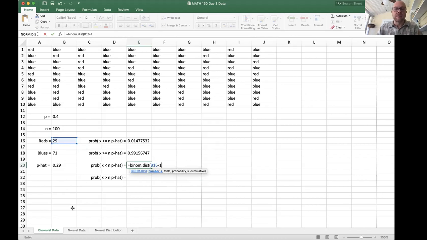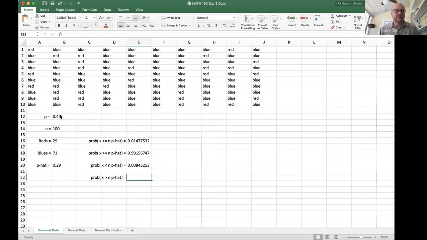So I say minus 1, okay, comma, and then the number of trials is the same, probability is the same, and we want to say true to get it to be cumulative.